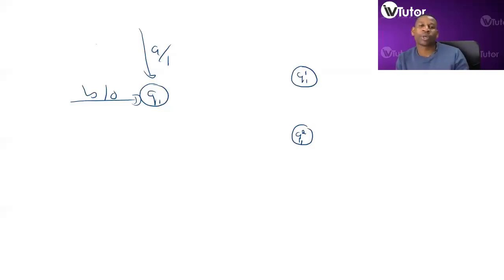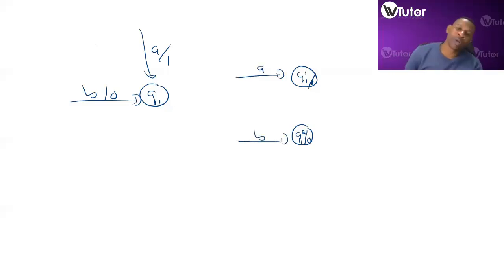The first one will be responsible for accepting the state where we have got a 1. The second one will accept where we have a 0. So the one with an A goes to that and the one with a B goes to that. So we've broken down the state into 2 identical states, which print out 2 different outputs.